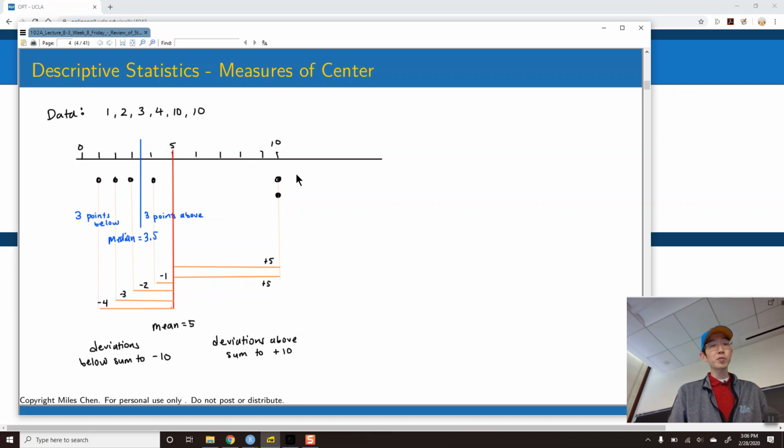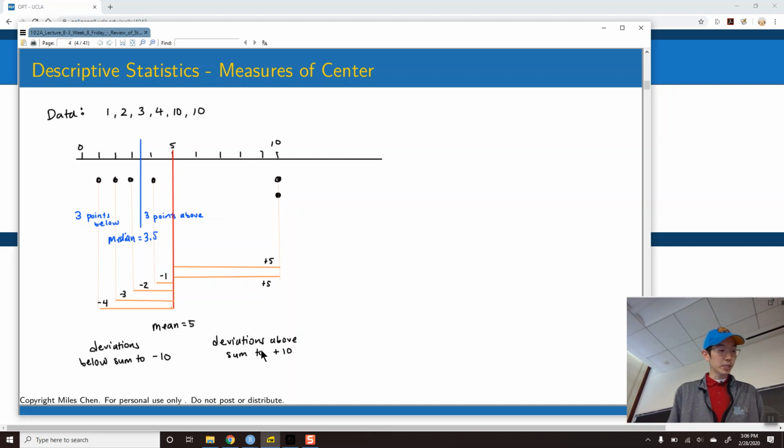The 2 points above the mean, 10 and 10, each have a deviation of +5, and those add up to +10. So the mean balances the deviations: 10 below, 10 above. It's a remarkable fact that just adding up the numbers and dividing by how many you have finds the location that balances the deviations above and below.